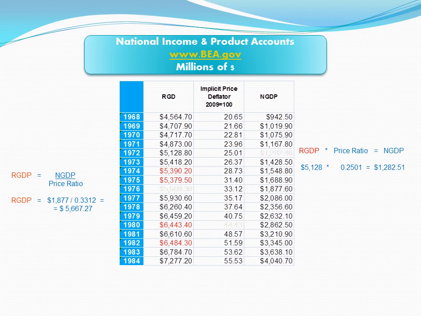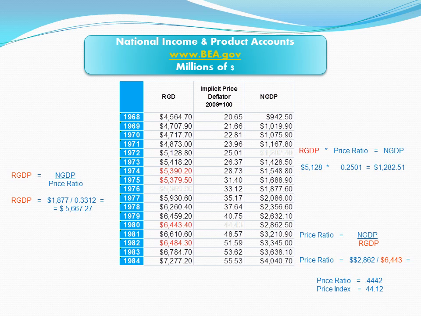Similarly, for the price deflator here, the price index, take the equation, divide both sides by real GDP to isolate the price ratio, plug in the numbers, and we get a price ratio of 0.4442, or in index form 44.12.